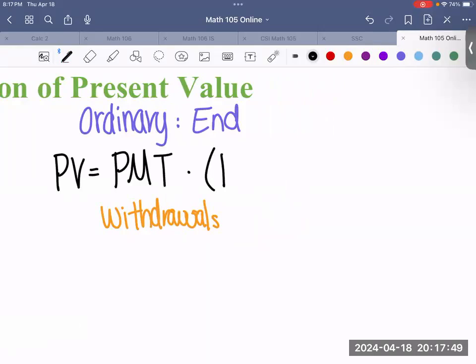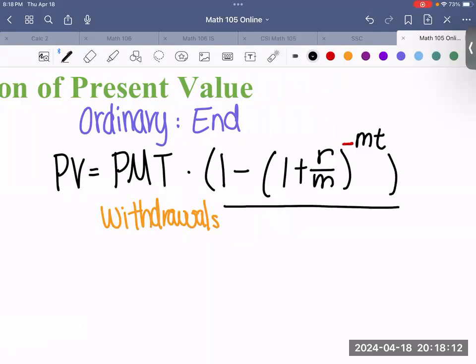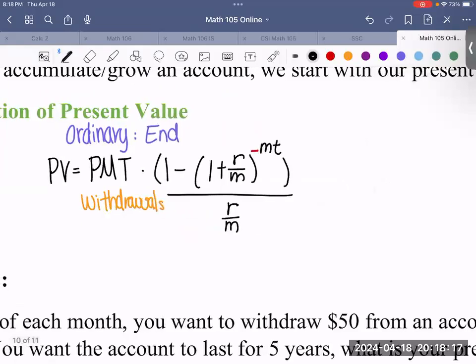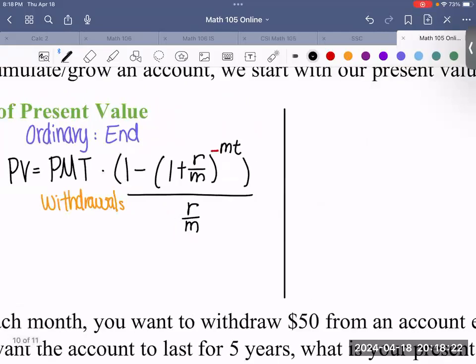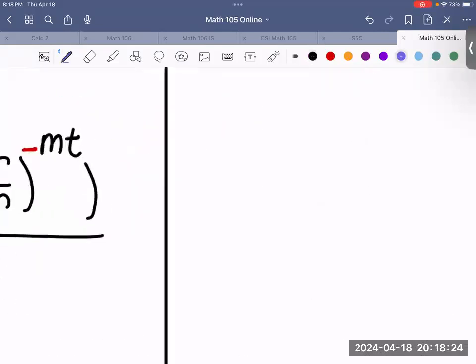So instead of taking your compounding interest and then subtracting 1, we're actually going to do the opposite: 1 minus your compounding. And then you also have a negative rate up here, divided by R over M. So this is what it would look like if it's at the end of your account. But let's see what it looks like if we do it at the beginning.